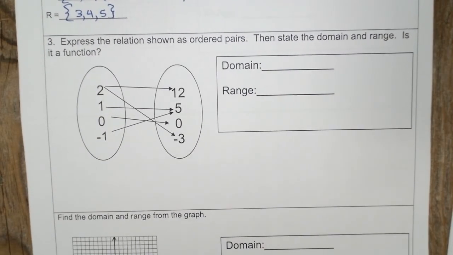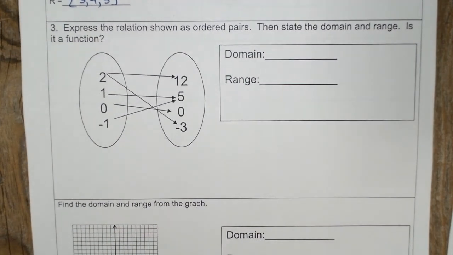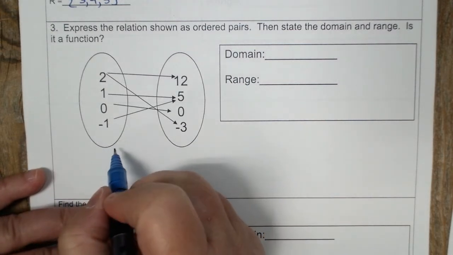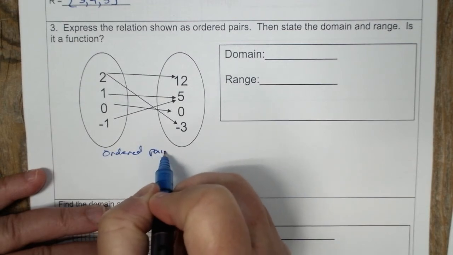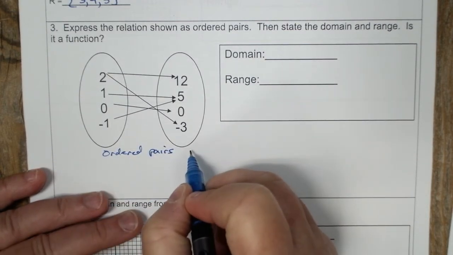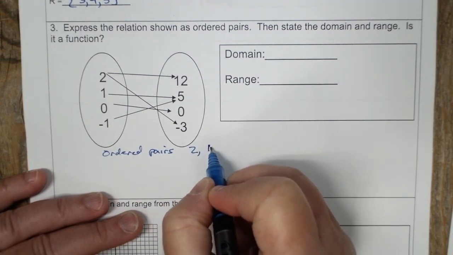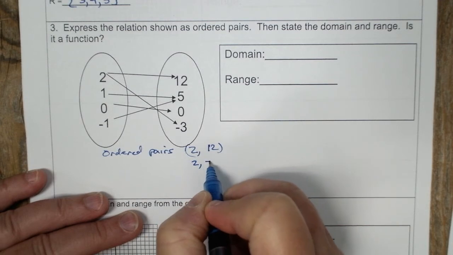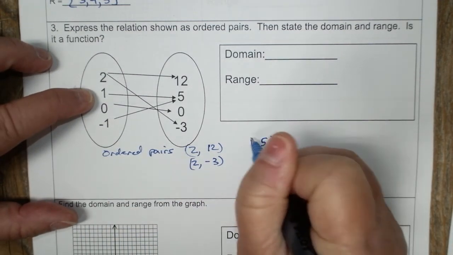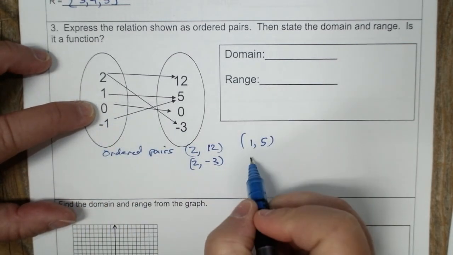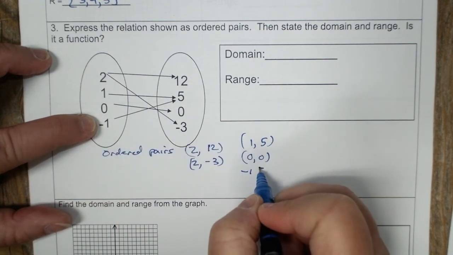Express the relationship shown as ordered pairs, then state the domain and range. Is it a function? Okay, so my ordered pairs are 2, 12; 2, -3; 1, 5; 0 goes to 0; -1 goes to 5.